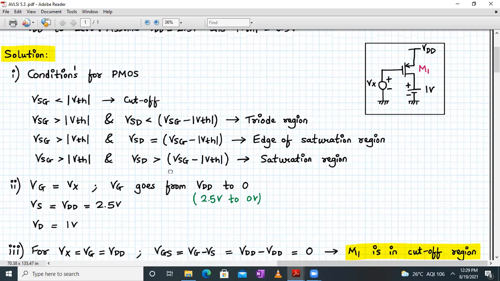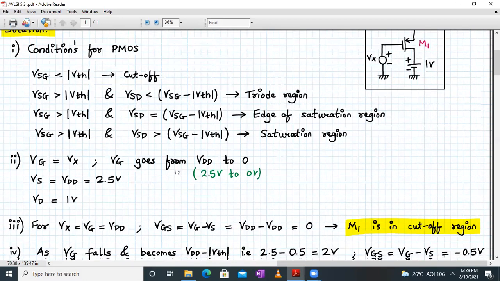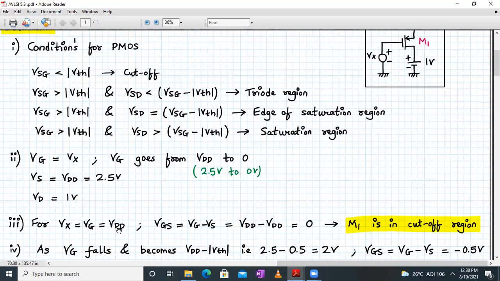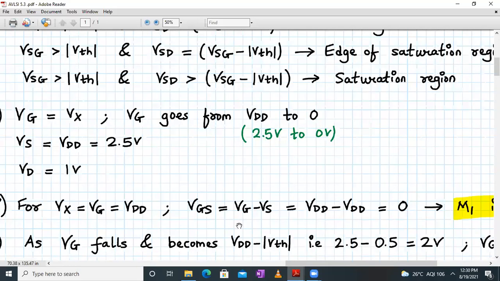Now we have to determine the region of operation. Let's consider the first case. For Vx equal to Vg equal to VDD, what is my VGS? We have to calculate the value of VGS.